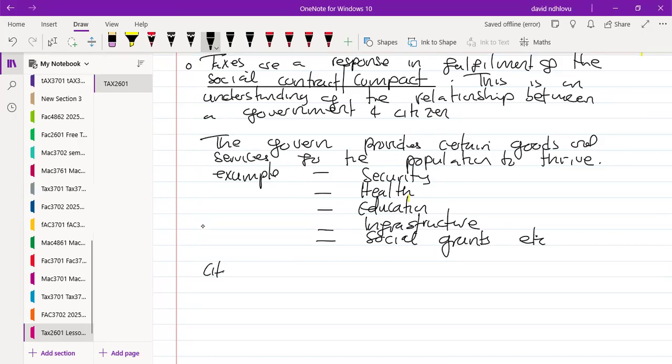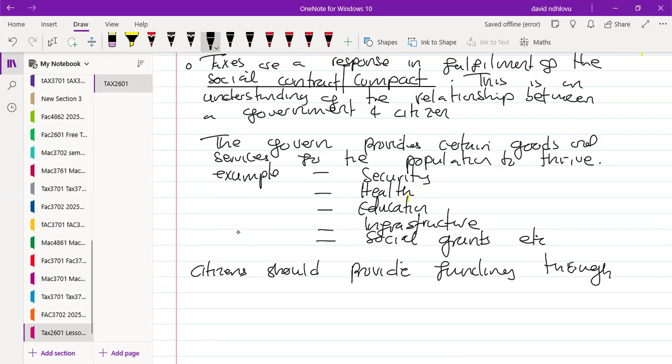Then on the other hand, the citizens should provide funding through taxes, to help fund government expenditure.